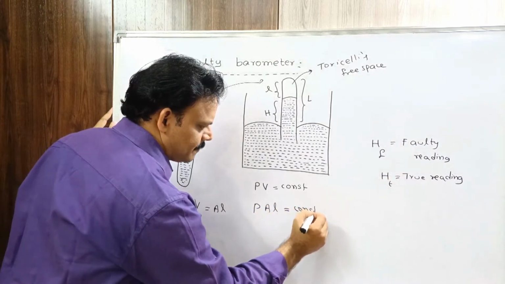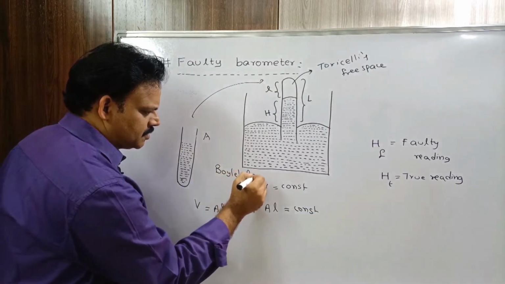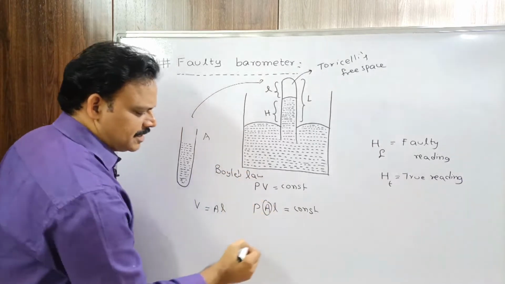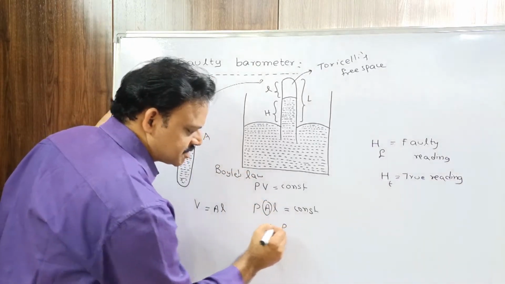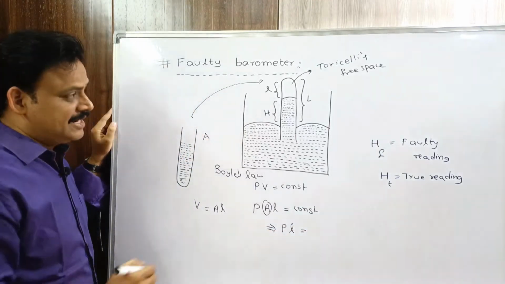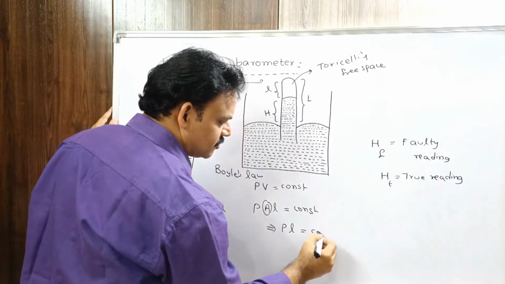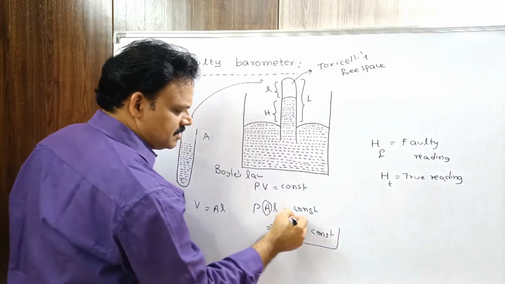This is nothing but Boyle's law. Here A is constant, so I can write: P stands for pressure, L stands for length of the vacuum. So P into L is equal to constant. This is Boyle's law.